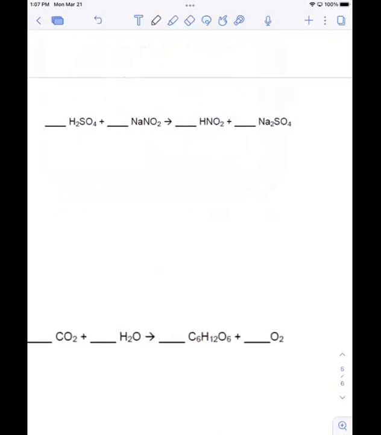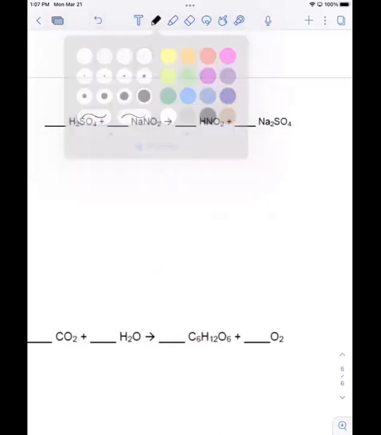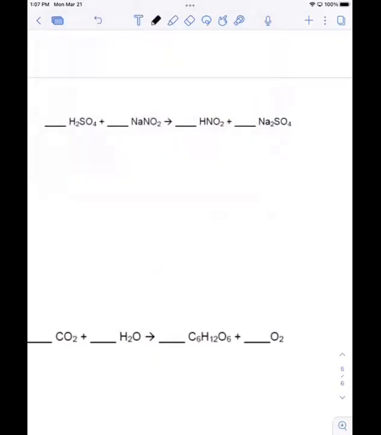And this is an example of a question where we have, so this is, what's the date? 21st. Man, this time is flying by. All right, so we're still working on balancing and writing equations, which we'll do in a second, because we're going to work on some more of these word problems too.